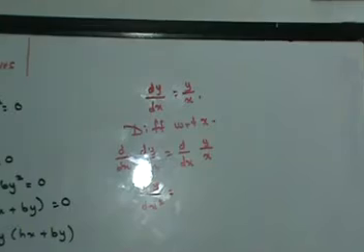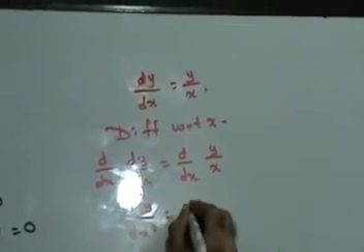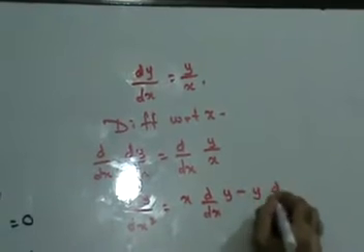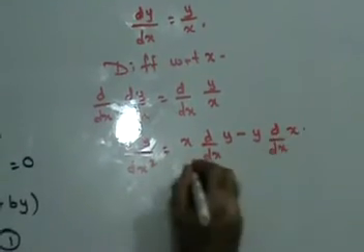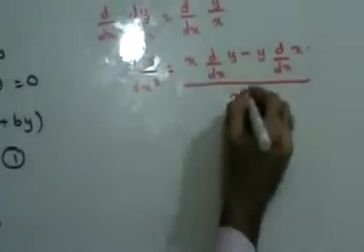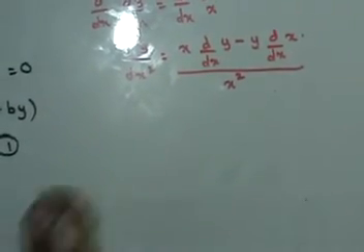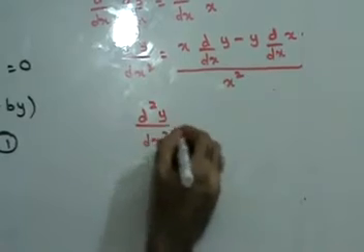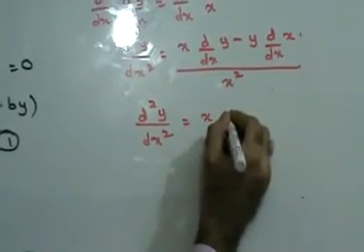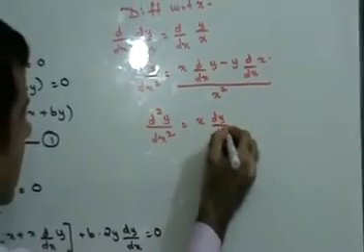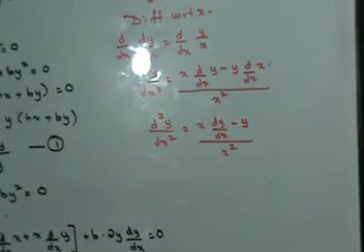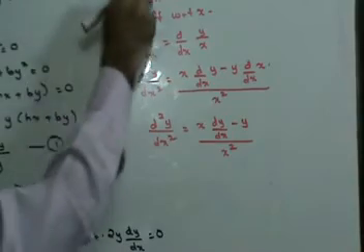If I use the u upon v formula, this is v derivative of u minus u derivative of v upon v square, right? So you will get d square y upon dx square is x dy by dx minus y upon x square.